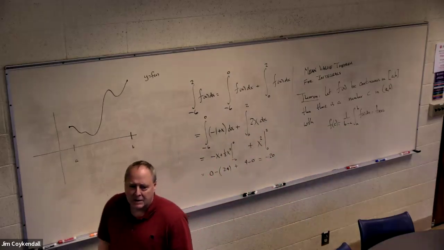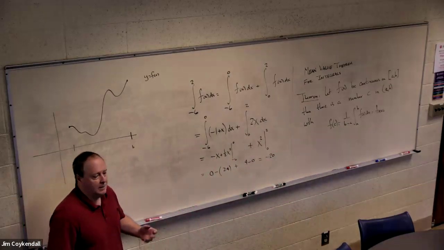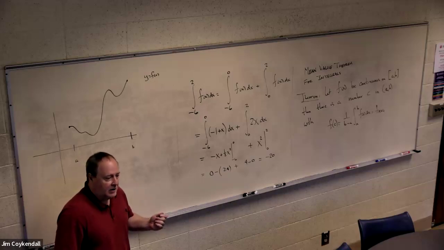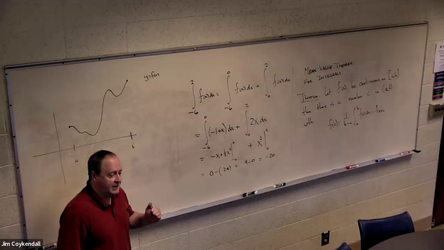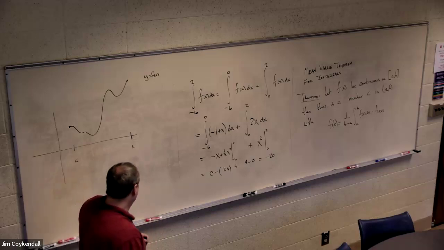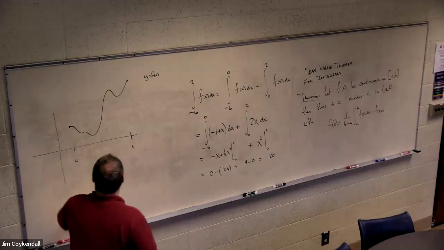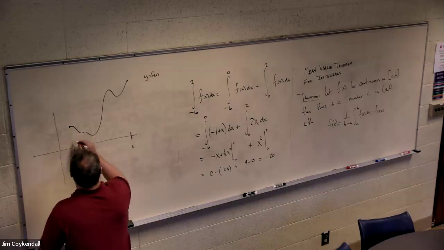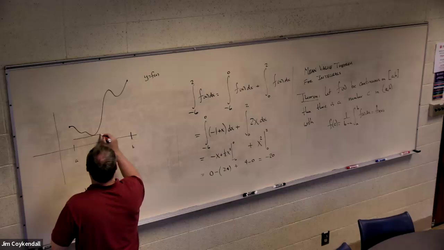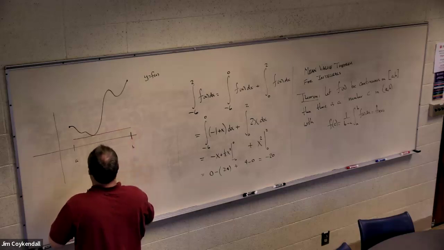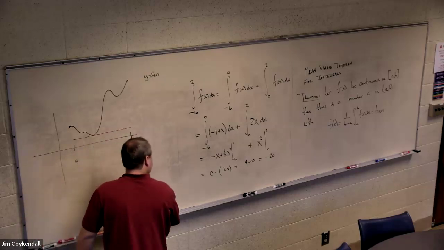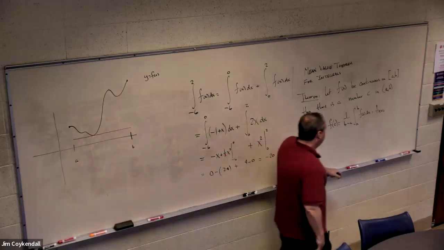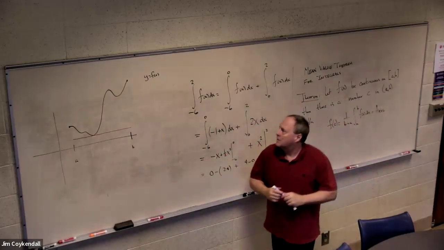This is basically the whole reason why we did applied problems. A continuous function on a closed interval attains its maximum and minimum. Looks like the minimum's right there, and the maximum is right at that endpoint.